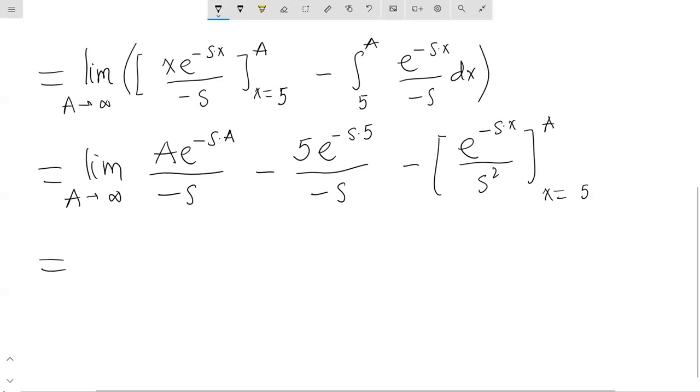Again, I would recommend that you use integration by parts yourself to see what's going on here, keeping in mind that s is considered to be a constant during the calculation. The integral is in terms of x only. So we have the limit as a goes to infinity of this.